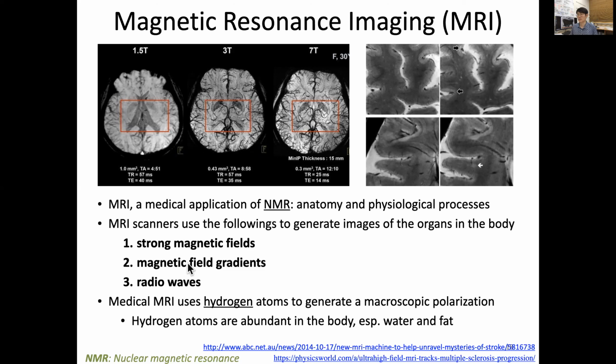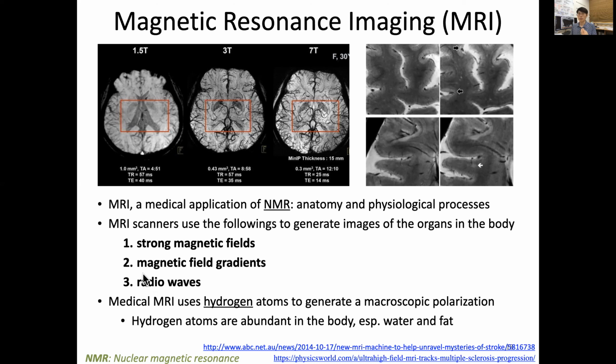The second is a magnetic field gradient, which defines the locational information, and also the signal-to-noise ratio. And the third is that MRI uses radio waves, or radio frequency, RF.